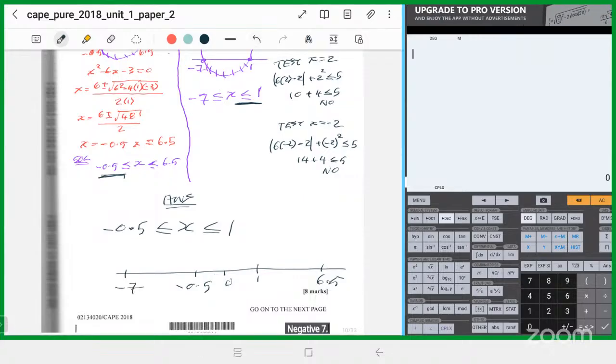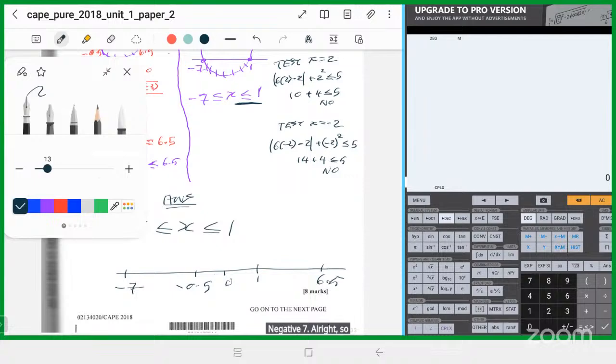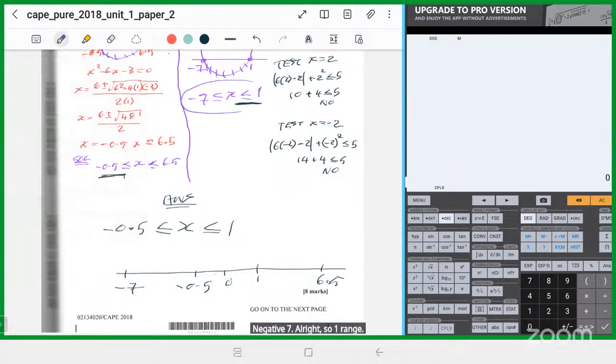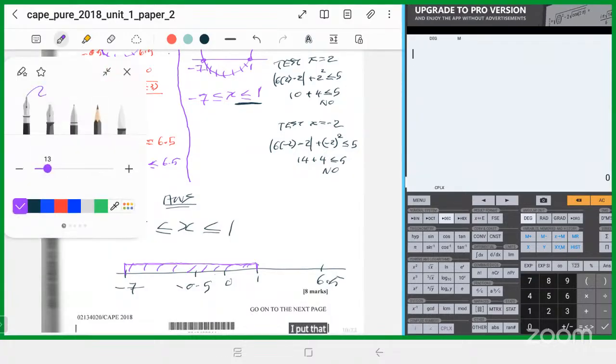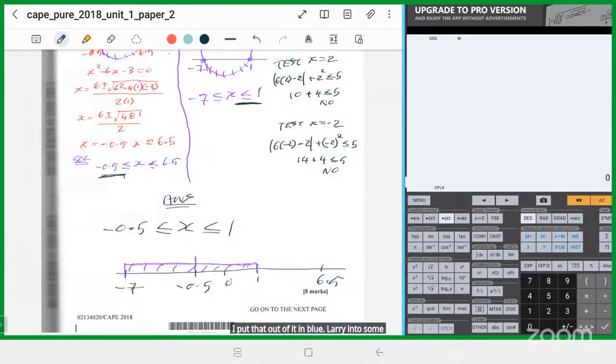All right. So one range is from -7 to 1. That's one range right there. In purple. I'm going to put another range in blue. The other range is from -0.5 all the way up to 6.5. That's the next range.